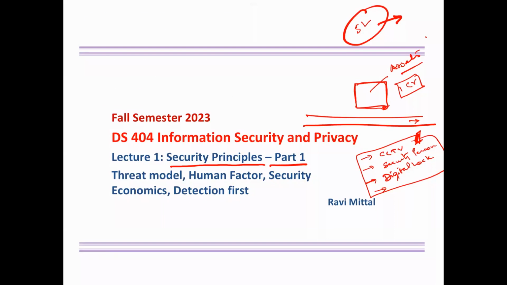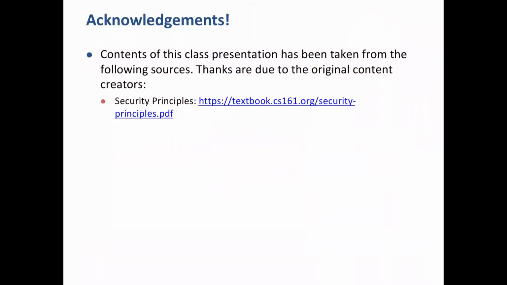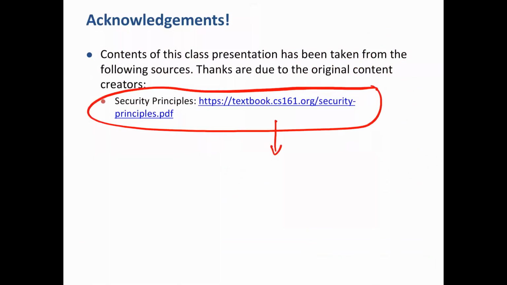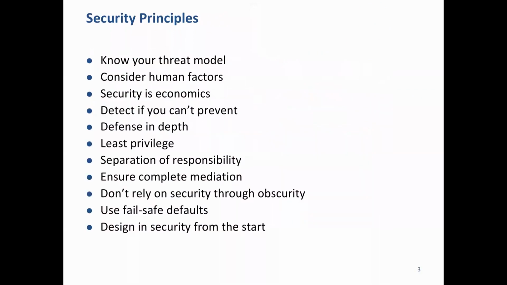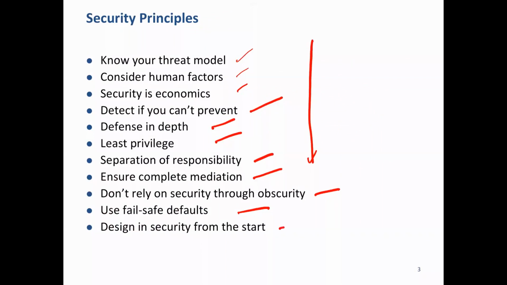We'll see how. Okay, so I have taken contents only from one source, and that's the University of California Berkeley's course CS161. So you can go to the website, you'll get all that we are studying today. So these are the security principles: know your threat model, human factors, security economics, detect if you can't prevent, defense in depth, least privilege, separation of responsibility, ensure complete mediation, don't rely on security through obscurity, use fail-safe defaults, and design in security from the start.